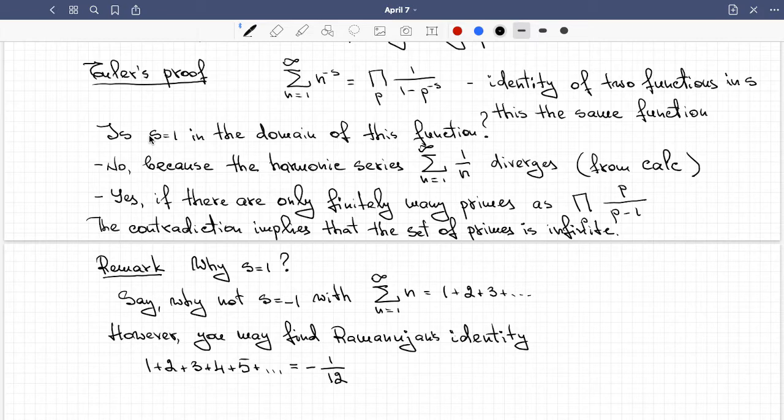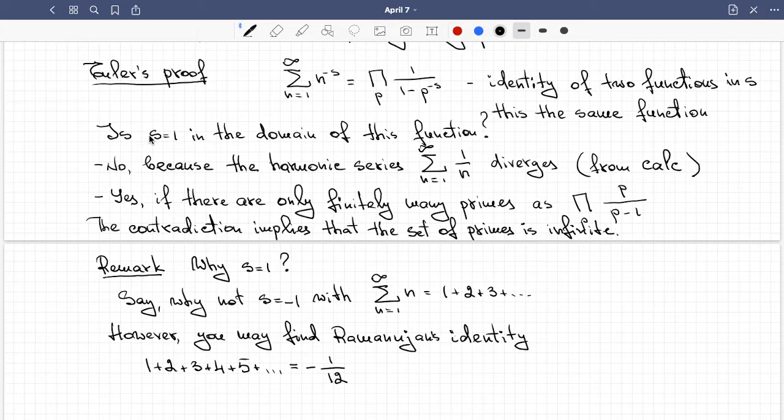Because the next question would be, there are infinitely many primes, but how dense are they among other integers? When I try to answer this question, Riemann's zeta function shows up naturally. The first appearance of Riemann's zeta function in connection with this question is here in Euler's proof of the infinitude of prime numbers.